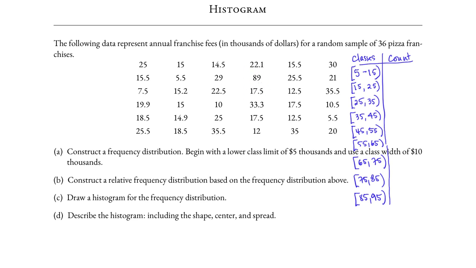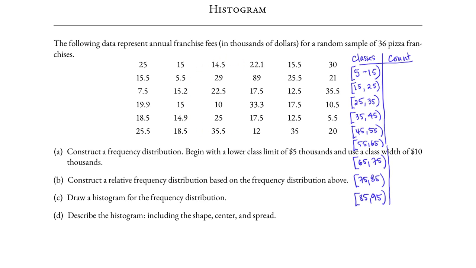What that means is that we don't have to add another class after 89, because 89 would be in the last class already.